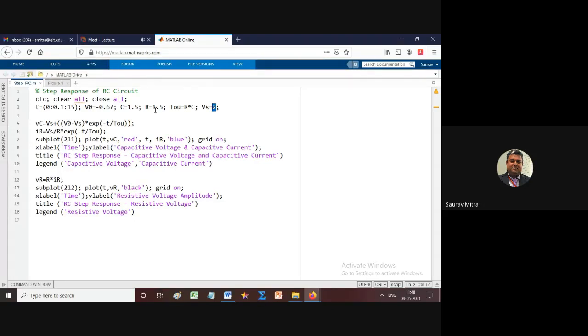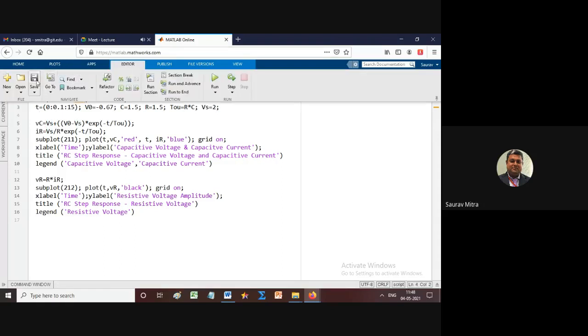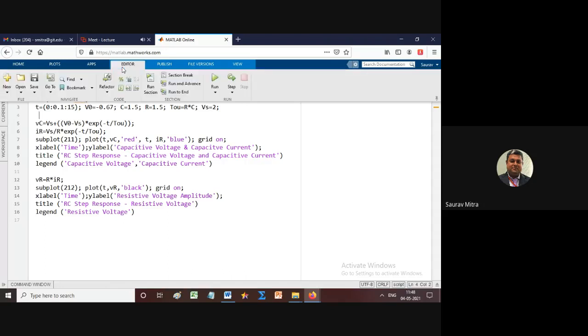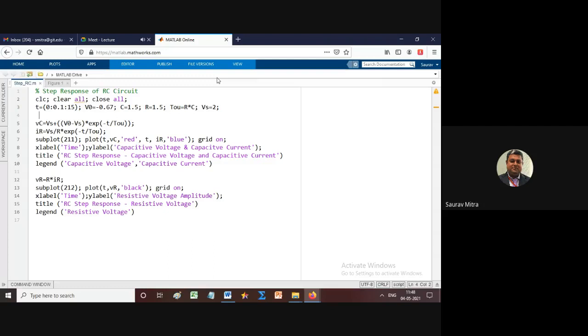You have to change the time constant, and you can change the supply voltage Vs. This is actually the step input, you are giving a 2 volt DC in all these cases. I have made it slower with a negative initial voltage. It will go to 2 volt, but it will take quite a lot of time to reach 2 volt.